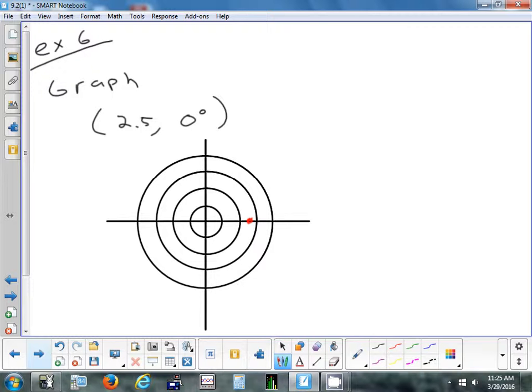Technically, at the same time as it being 0, it's also rotated 360 degrees, it's the same angle. Anytime the angle is 0, you're always on the horizontal, you just move left or right. So there's not too much to do there. We can't really plot points on the graphing calculator in polar, so you have to know how to do this by hand. All right. Any questions on example 6?